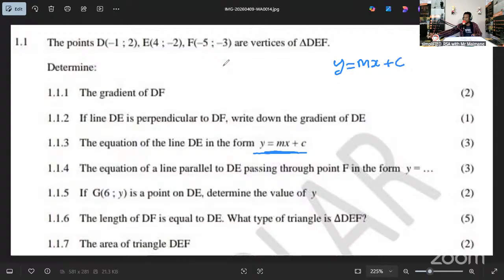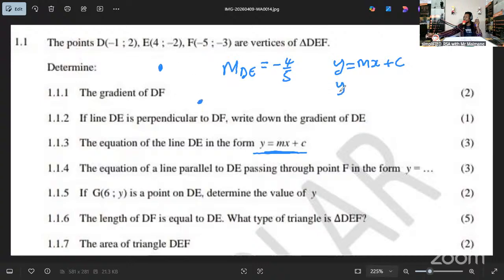We already have the gradient of DE, which we just determined now, which was minus 4 over 5. And within that, we already have point D, we already have point E.